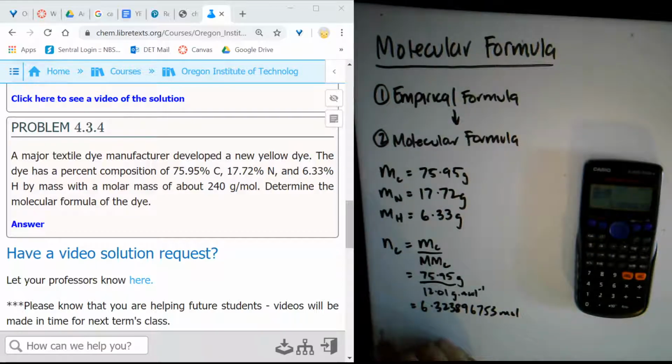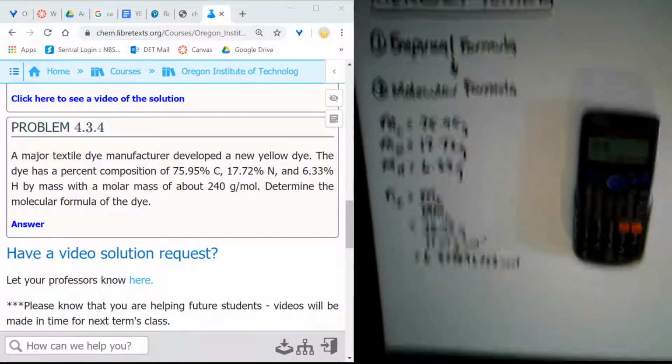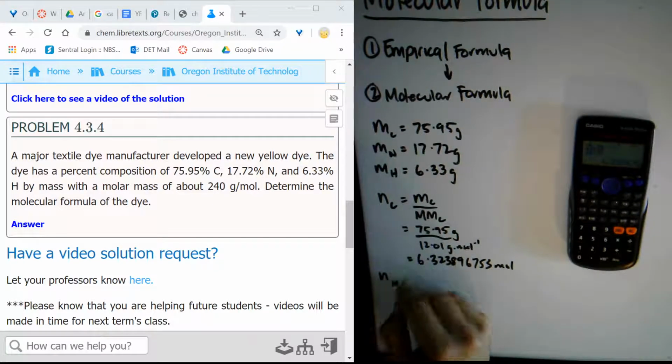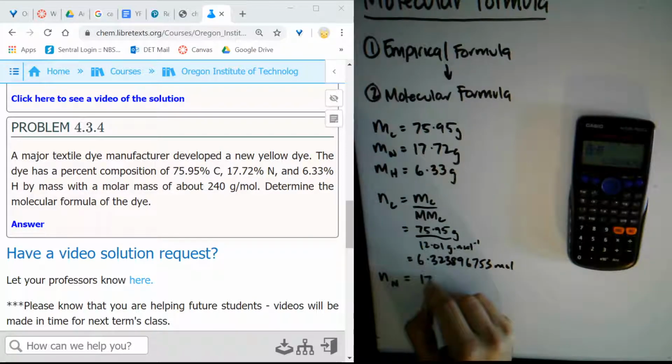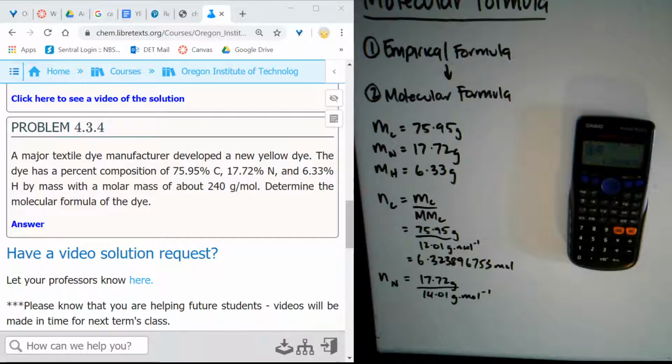So just moving this up a little bit, I'll change the camera angle. My number of moles of nitrogen is equal to mass over molar mass, which is 17.72 grams divided by 14.01 grams per mole. Now it's really important here not to think that nitrogen's N2. It's just the single nitrogen.